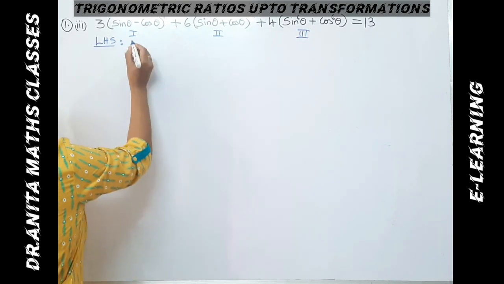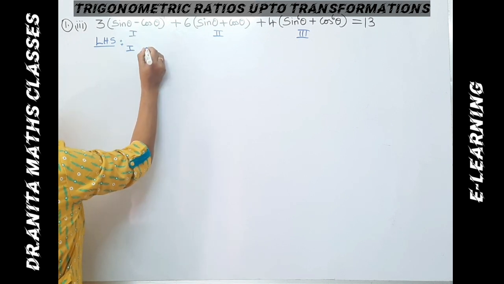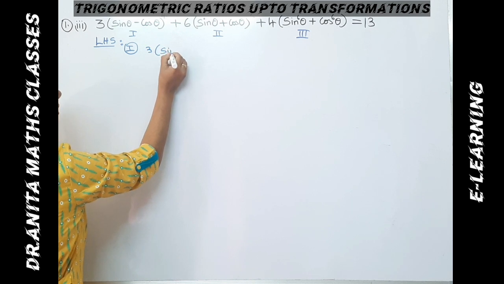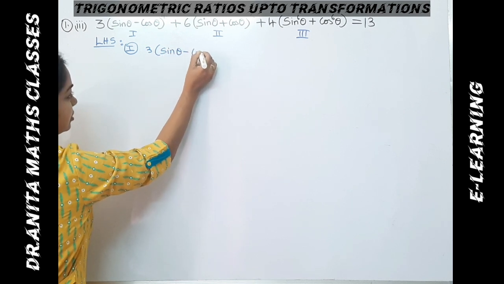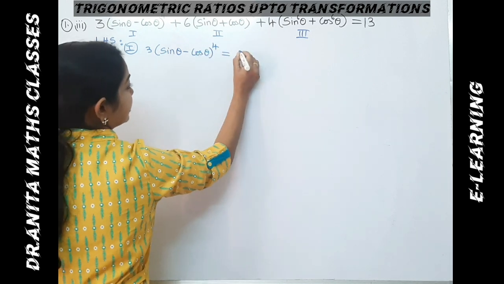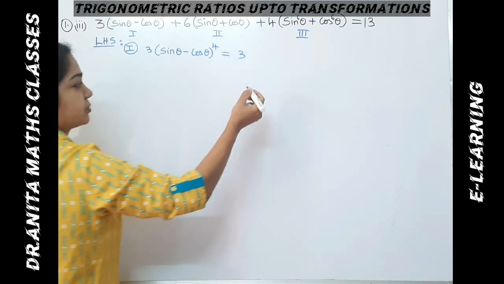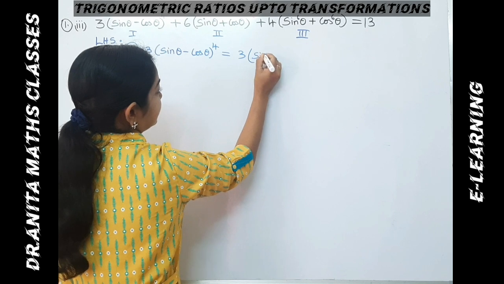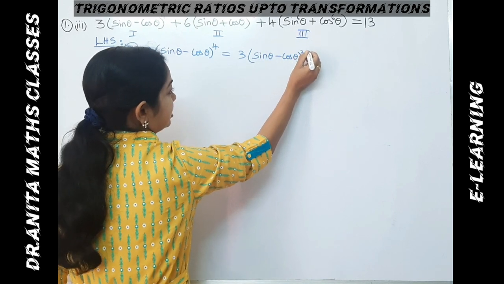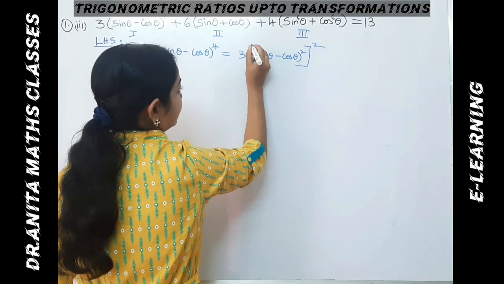Now if you take part 1, that is 3 into sine theta minus cos theta raised to the power of 4. I can write this as a square whole square. Likewise, we can write sine theta minus cos theta whole square, raised to the power of square.